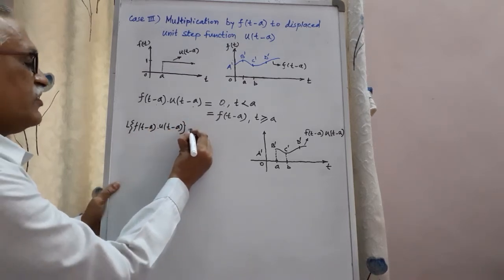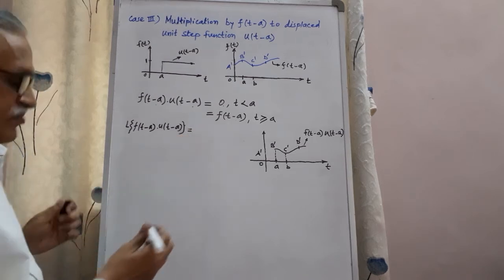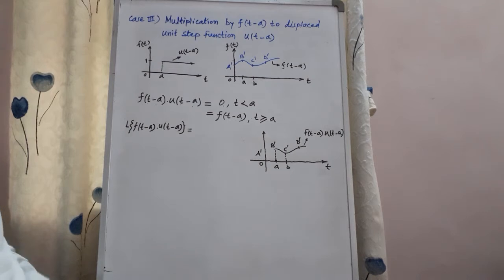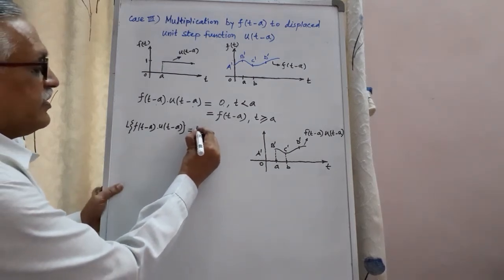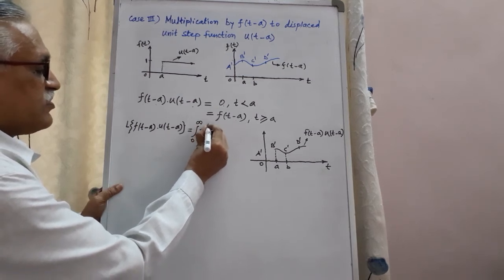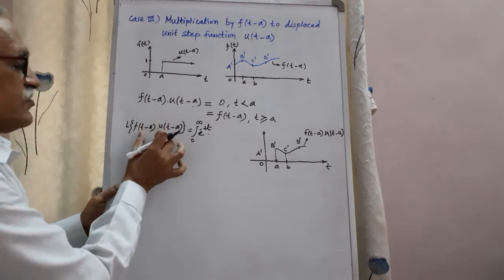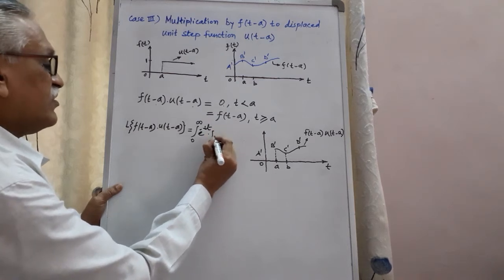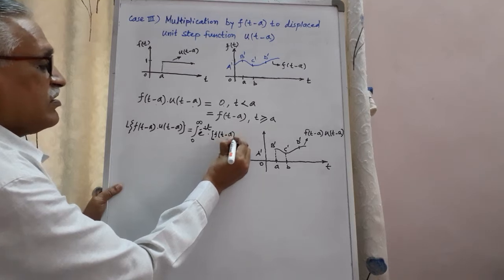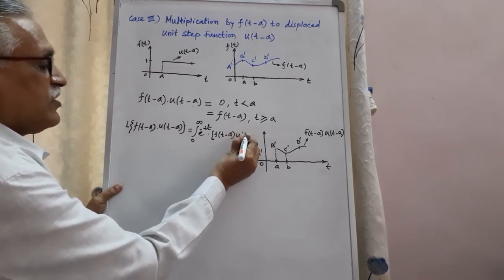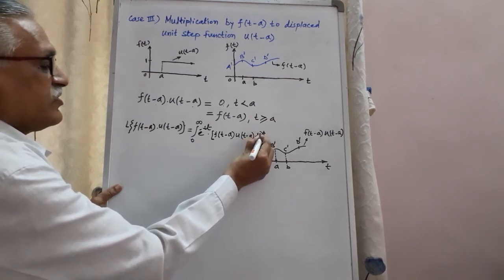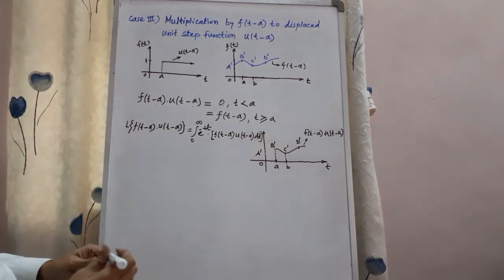It equals the integral from 0 to infinity of e raised to minus st into f of t minus a into u of t minus a, integrated with respect to t.